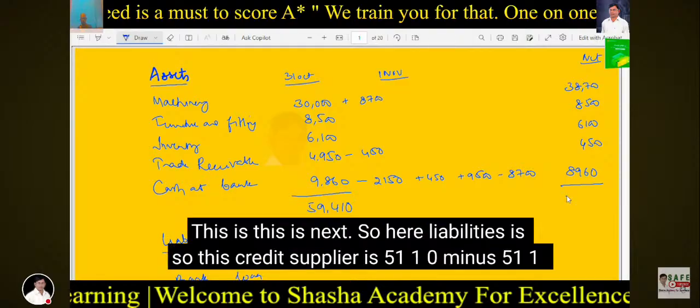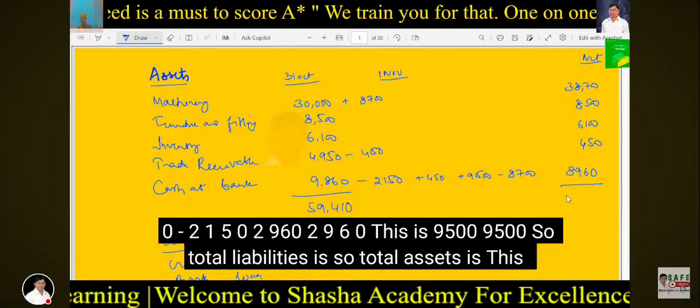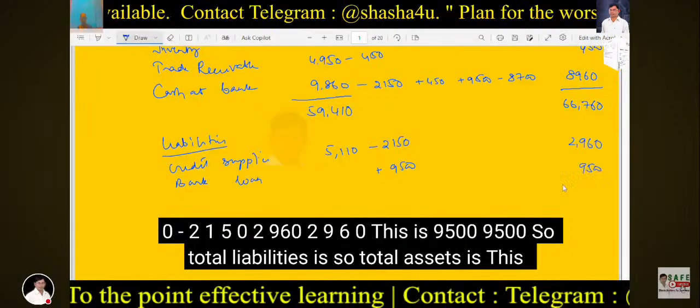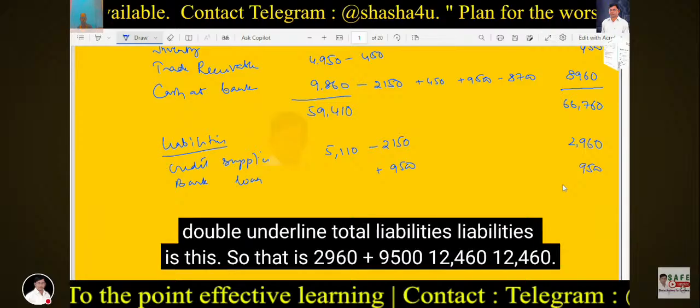Next, the liabilities. The credit supplier is 5,110 minus 2,150, which is 2,960. And the loan is 9,500. So total assets is this, with a double underline.